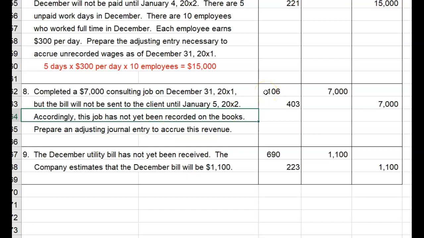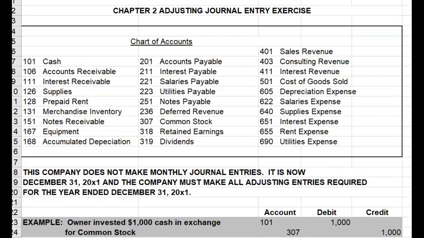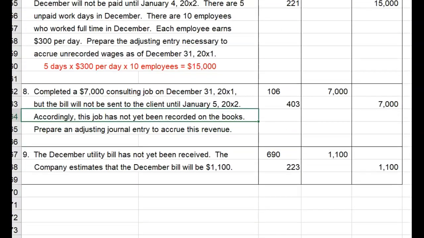You debit accounts receivable for $7,000 and you credit consulting revenue earned, account 403. Again, you record the revenue when it has been earned, and as far as services are concerned, the revenue is earned when the services are complete.